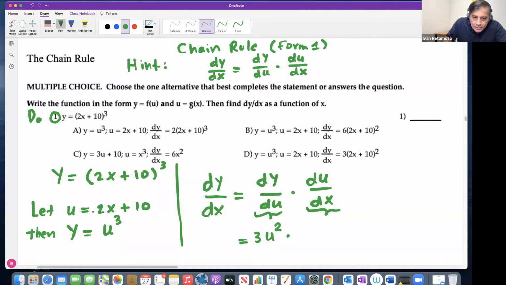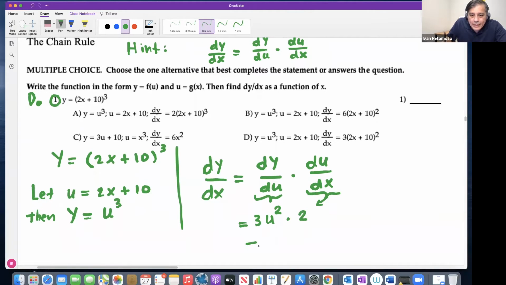Well, the derivative of this part is just 2, constant out, 2, right? The derivative of this is 1, and the derivative of this is 0, so this will be just 2. Then multiply. 2 times 3 is 6, u squared.